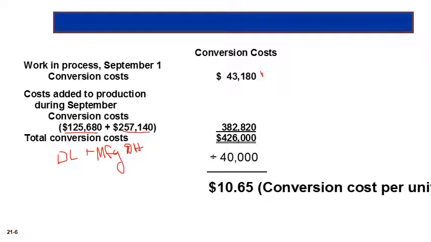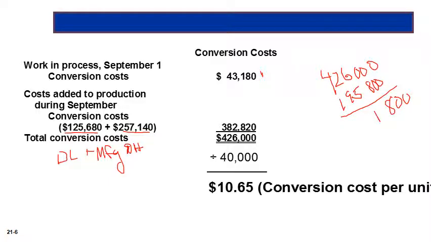One thing you need to keep in mind is we have to keep track of the total costs. The conversion cost that we are allocating is 426, and for the direct materials, what we were tracking was the 195,800. So the total costs that we're trying to keep track of are $621,800.